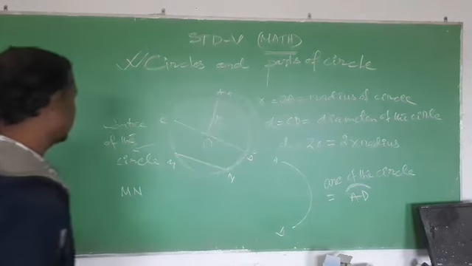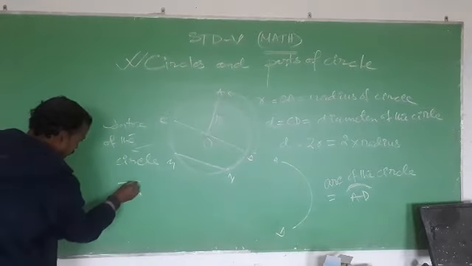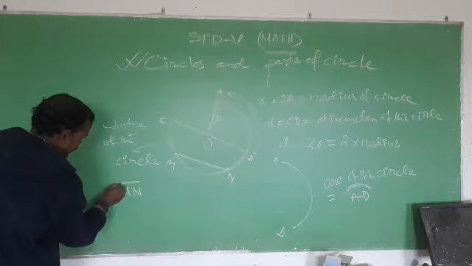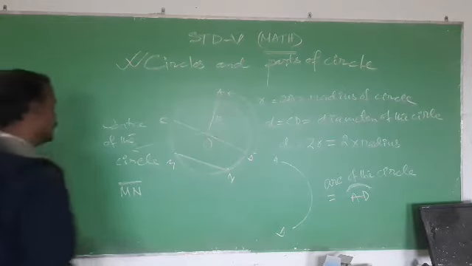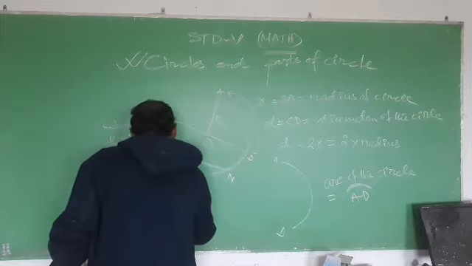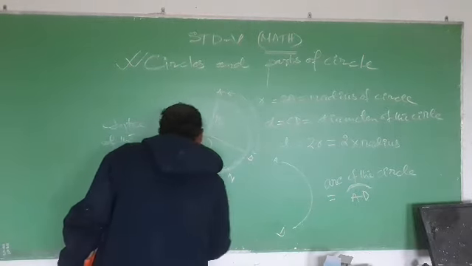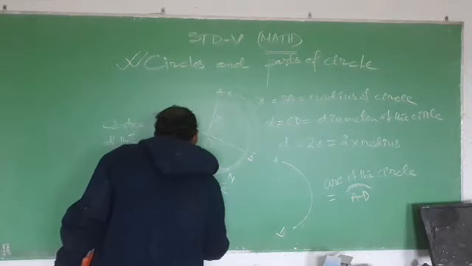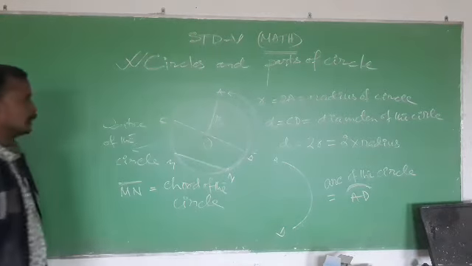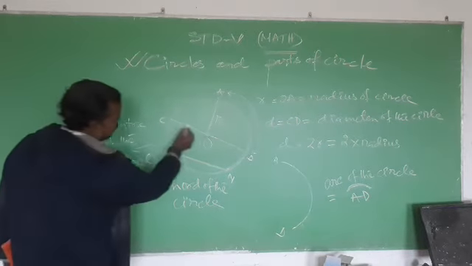But in case of this one, MN, you put a straight line, put a segment mark, and this is what? This is called a chord of the circle. Got it? अगर हम लोग CD को लेते हैं, ओके, CD को क्या है?